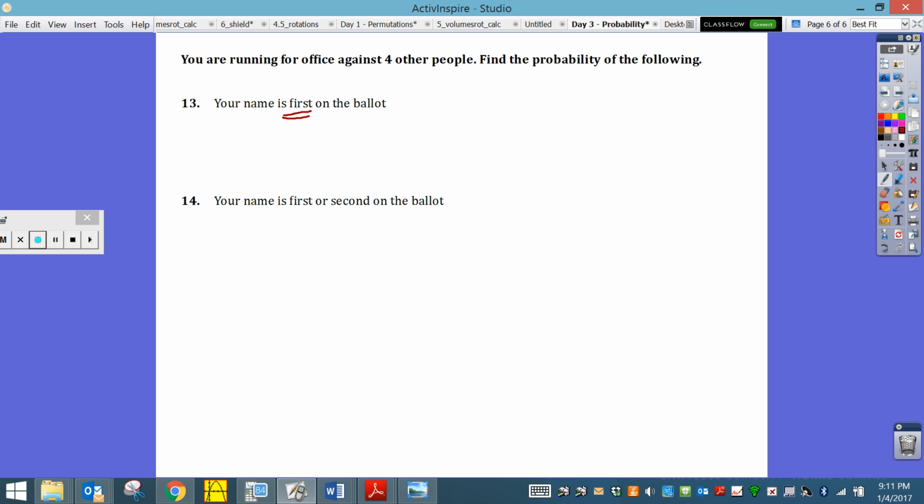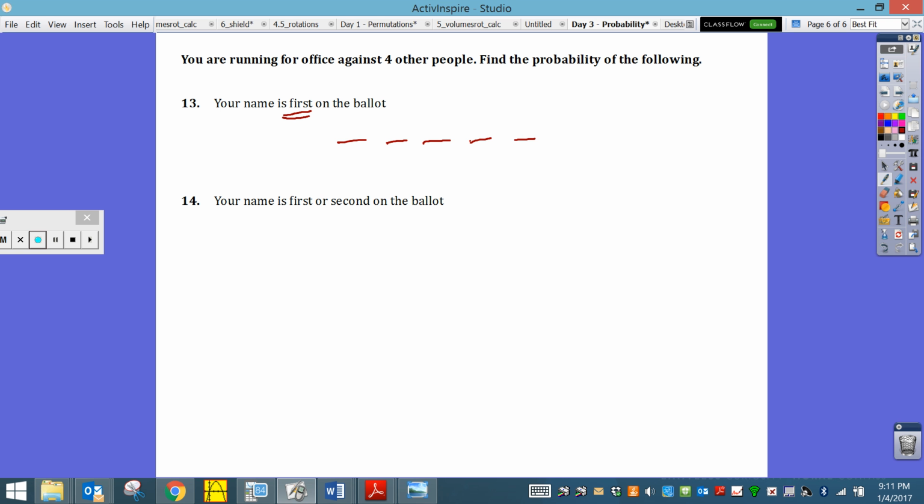So I'm running for office against 4 people. Find the probability that you come first. Okay, so how many other people are running? There's you, 2, 3, and 4 other people.